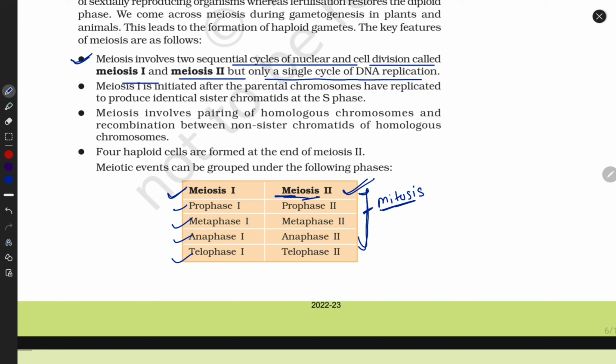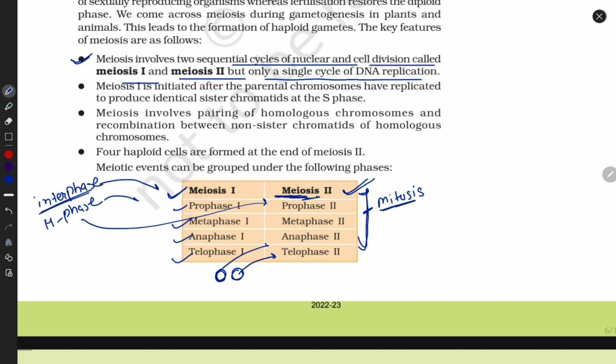We know that interphase was already discussed in our previous video. Meiosis 1 follows both interphase and M-phase, but meiosis 2 only follows M-phase, because when the single cell divides into two cells, these two cells instantly go into meiosis 2.